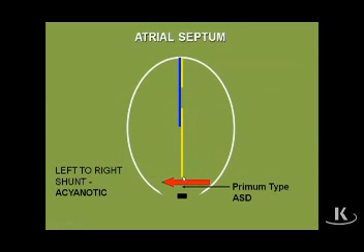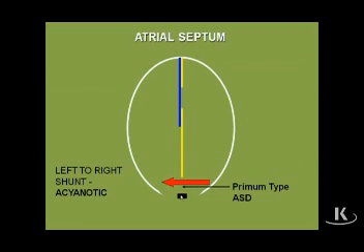Now, we know that this failure of the septum of the foramen primum to close is a result of septum primum and the endocardial cushion not meeting. Recall that when they normally meet, it's because septum primum grows down and the endocardial cushion grows up. Well, we now know that when this defect occurs, it's typically because of a defect in the endocardial cushion, a failure of the endocardial cushion to grow up rather than a failure of the septum primum to grow down.